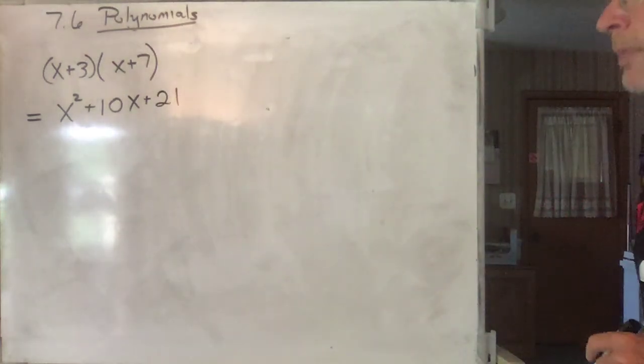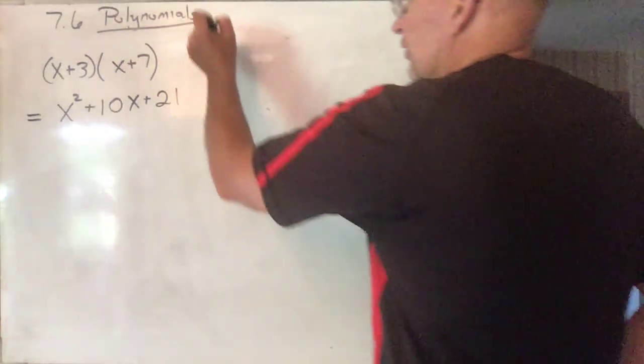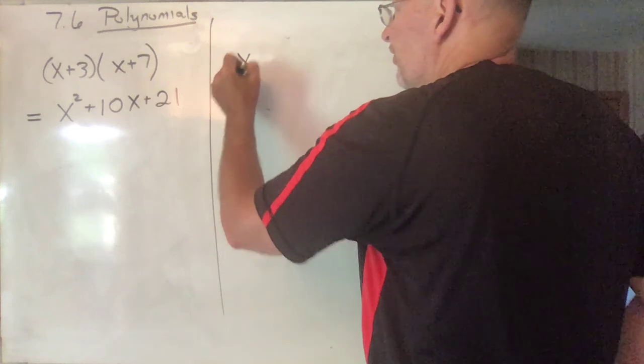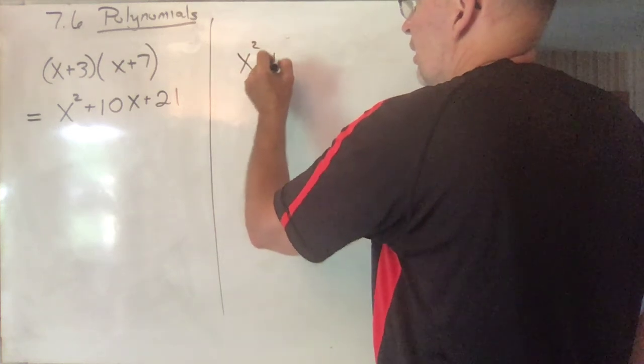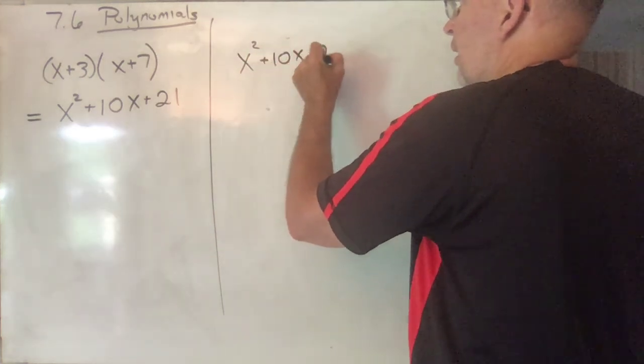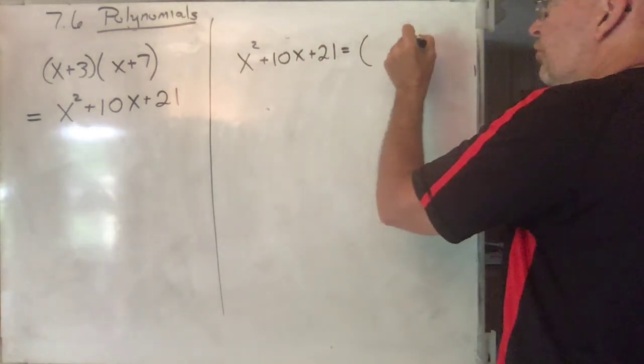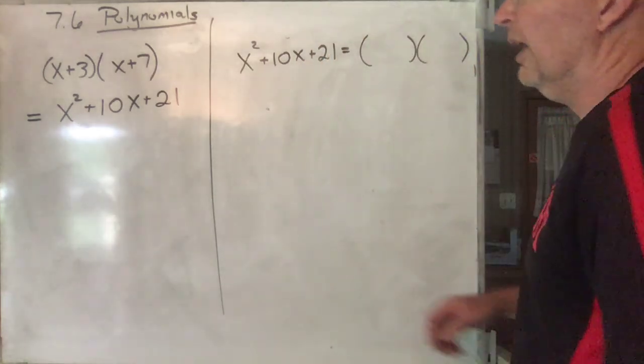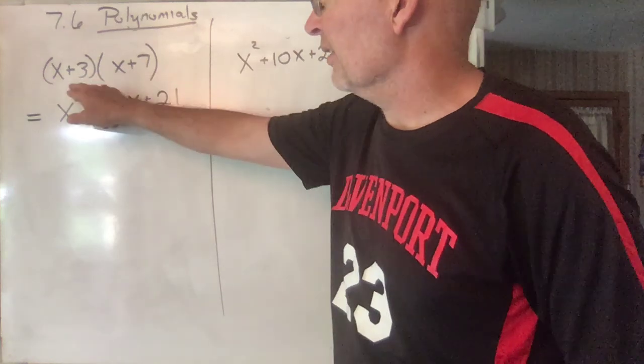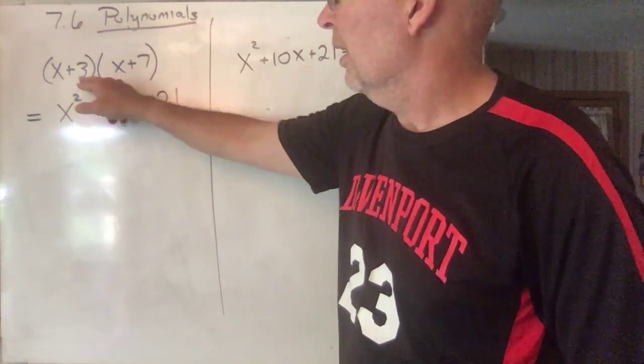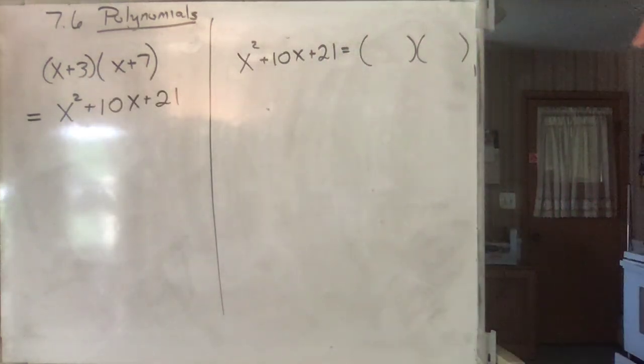Okay, see that? So now the question is, what if I started by giving you this thing right here and asked you to write it as the product of two linear factors like that?